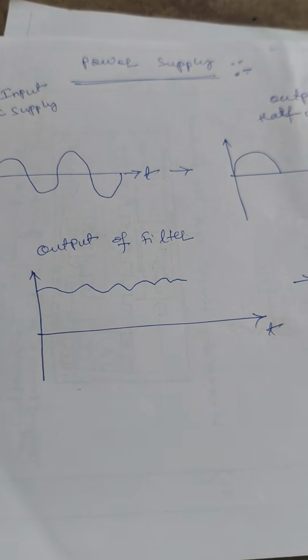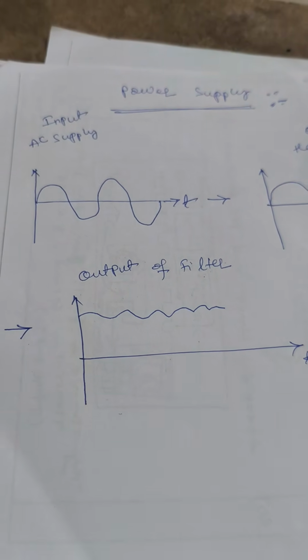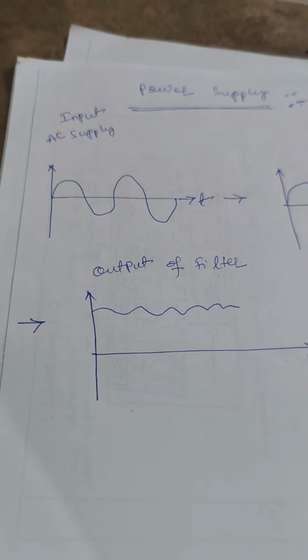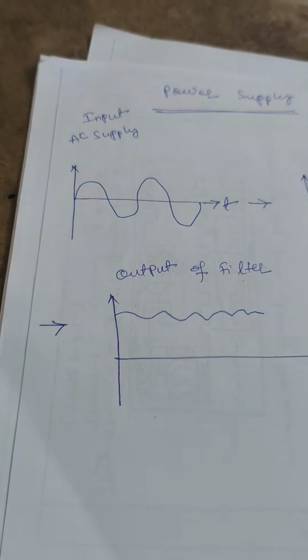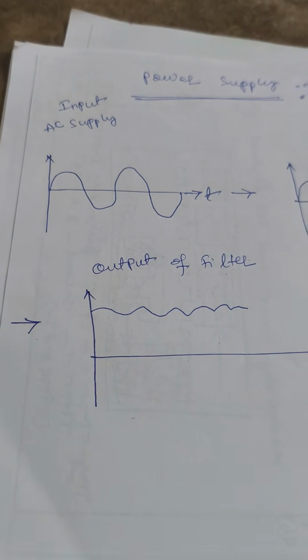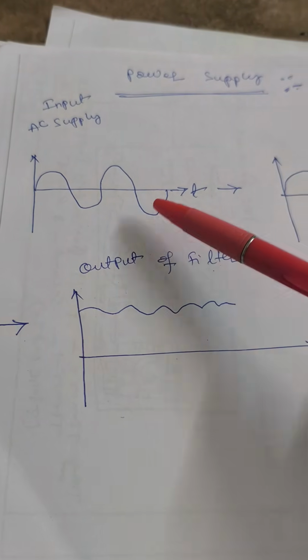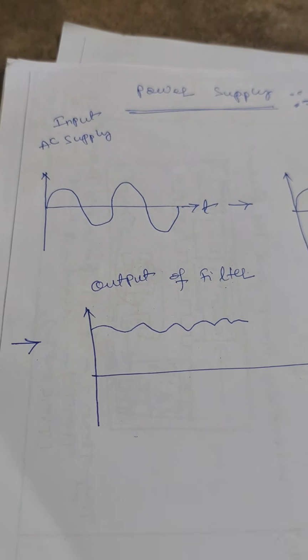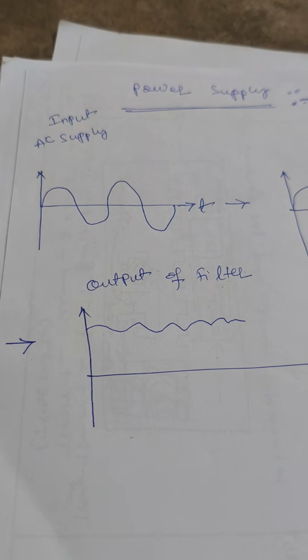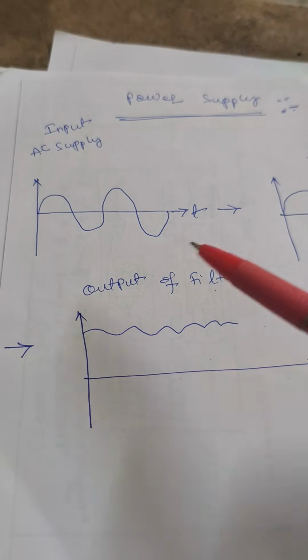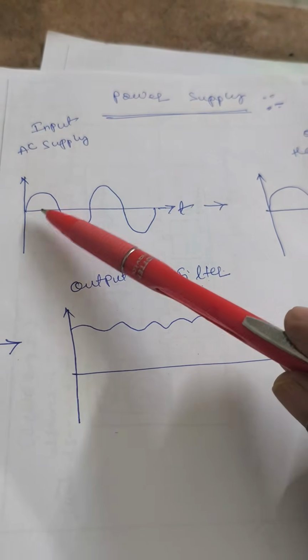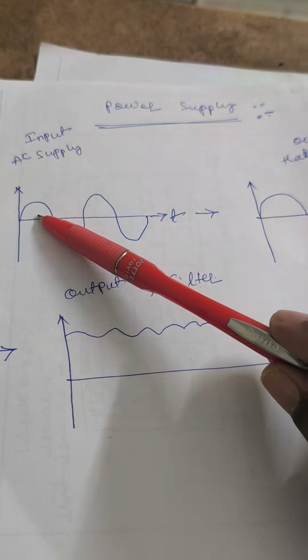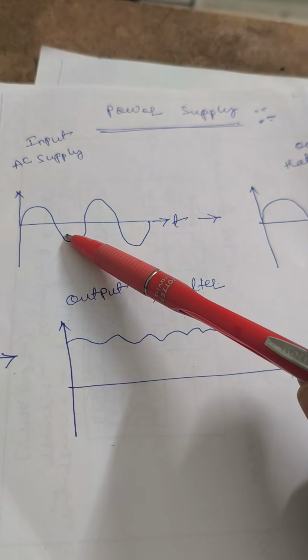Power supply means, suppose this is an input AC supply. Whatever supply comes to our houses is in the form of AC. This is alternating in nature. It has both the positive half wave and negative half wave.